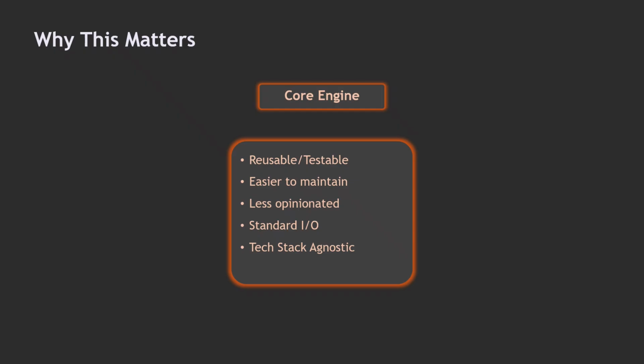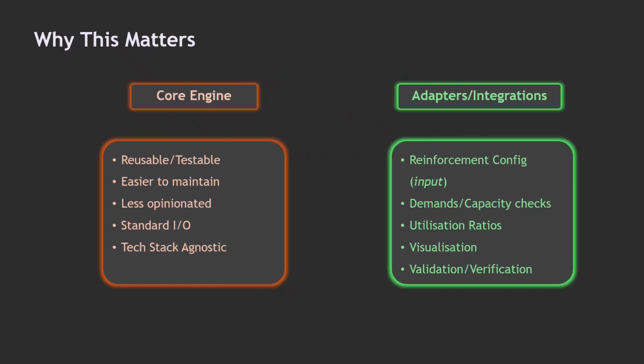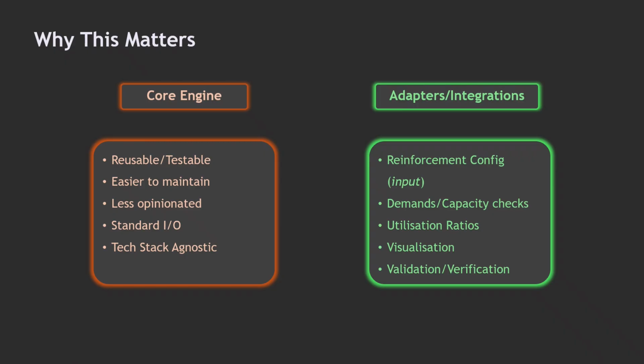So in the end, it's still solving the same problem, but now it's easier to maintain, easier to extend, and easier to share. And then around it, we can design adapters and integrations like the reinforcement config on the input side. We could also consider add-ons around it, like the demand capacity checks or the utilization ratios, and a visualization component. We can also build that any way we want.